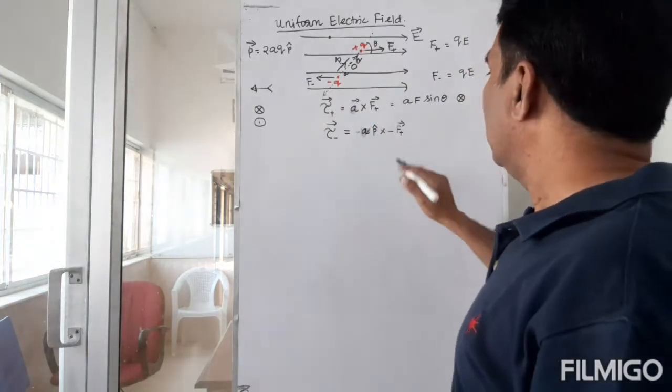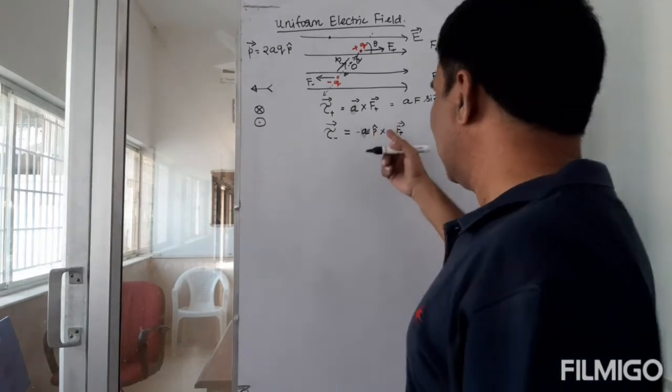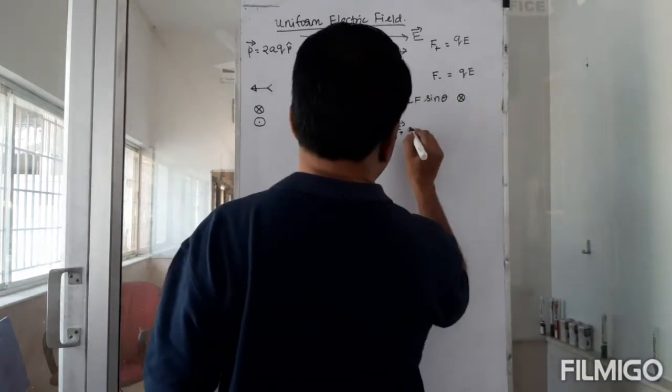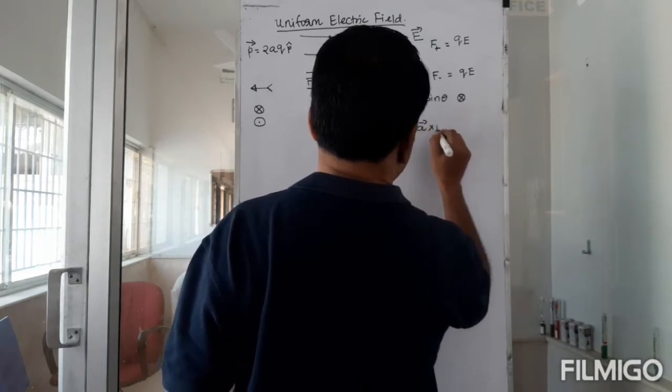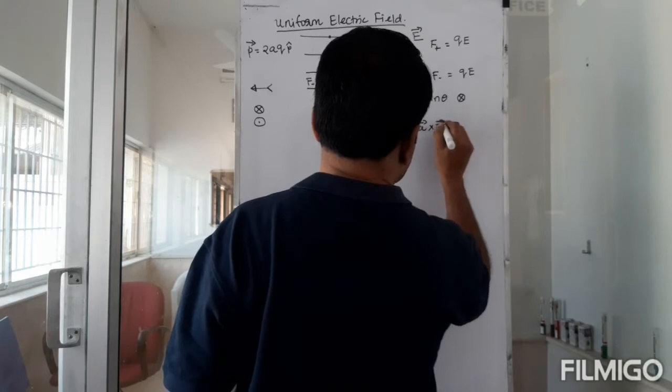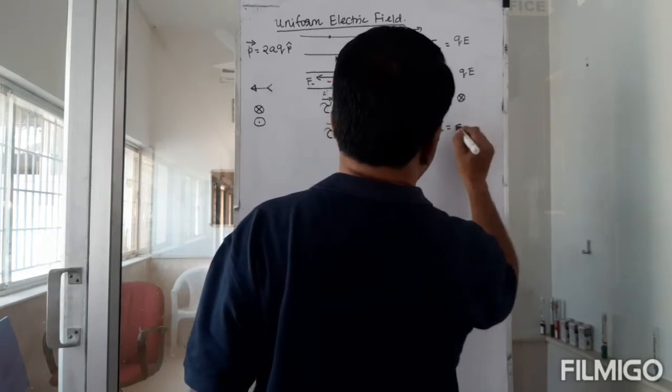And this minus and minus will become plus, then you will effectively end up with this being equal to A cross F plus, which is equal to AF sin theta.